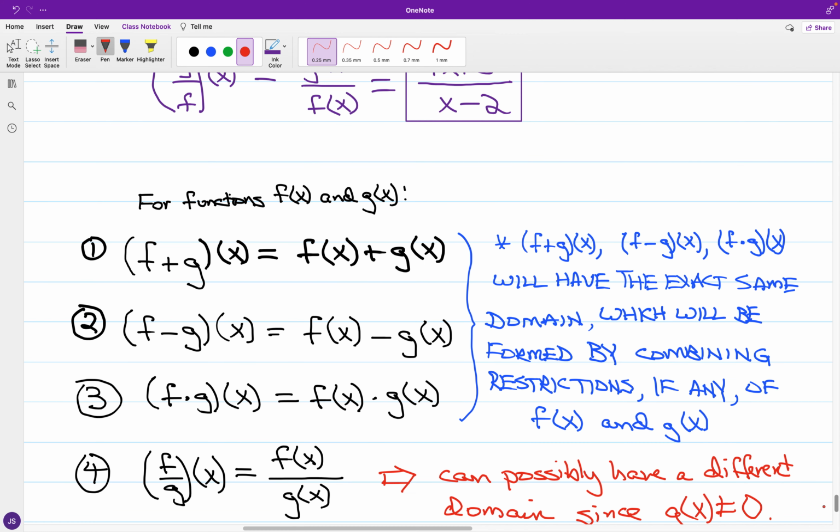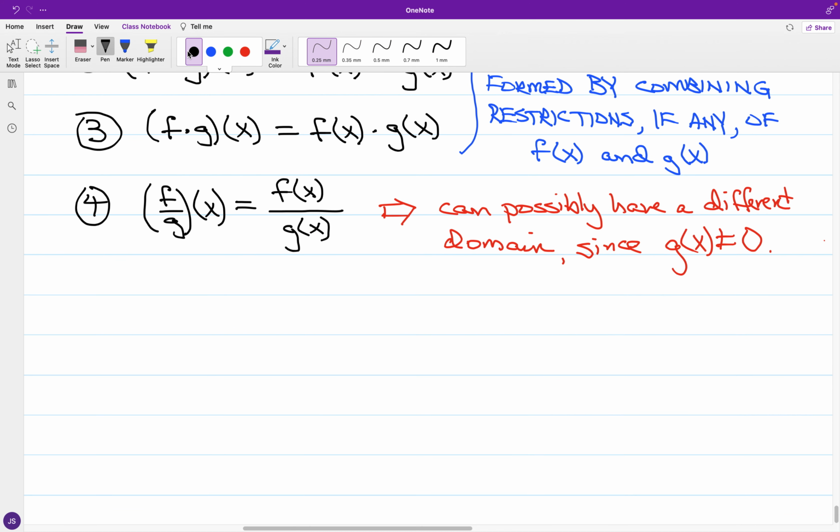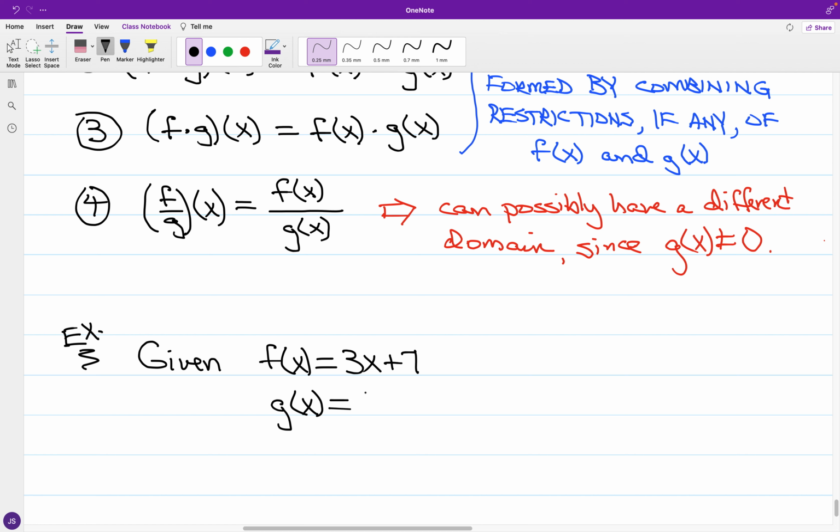Let's say we have f of x is equal to 3x plus 7, and g of x is equal to 4x minus 8.